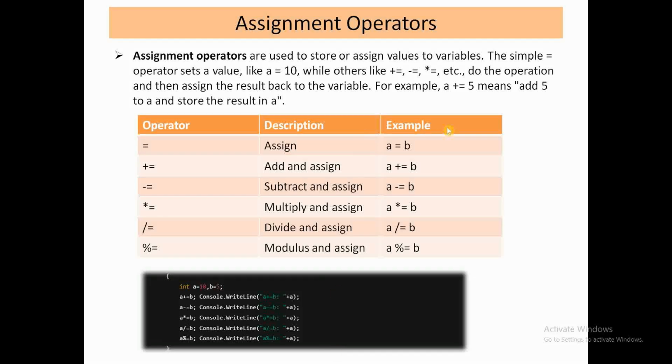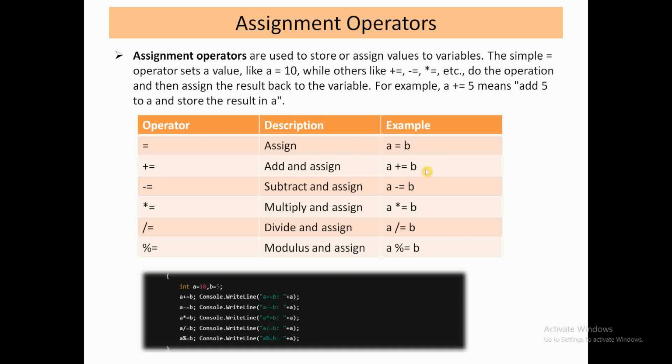Here we have some examples of these assignment operators: equal to, plus equal to, minus equal to, multiply equal to, division equal to, modulus equal to, the remainder, add and assign, subtract and assign, multiply and assign. So these are the examples. A plus equal to b.